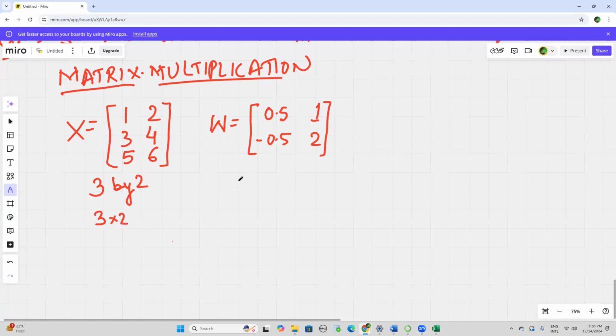If I ask how many rows you have in matrix W, two rows and 2 columns. So this is a 2 by 2 matrix. So there is no restriction on the number of rows and columns in a matrix. Is this point clear?